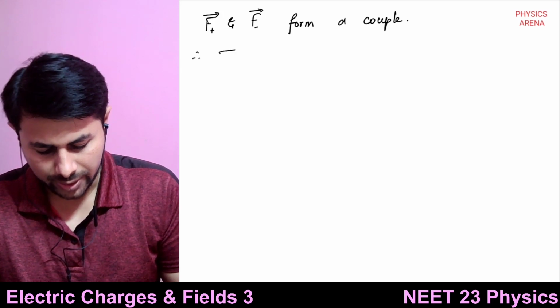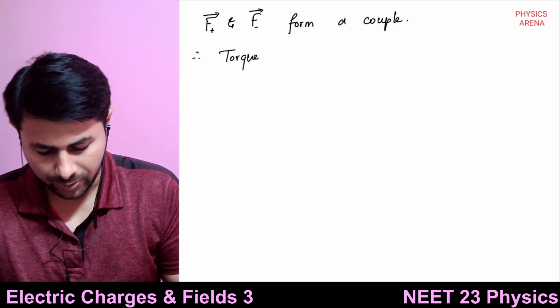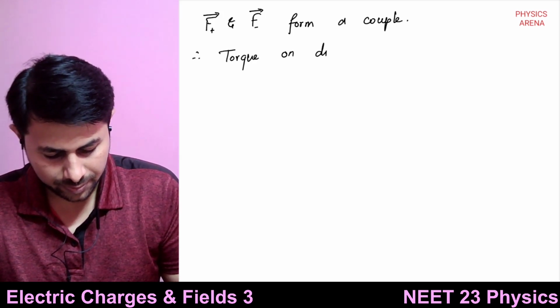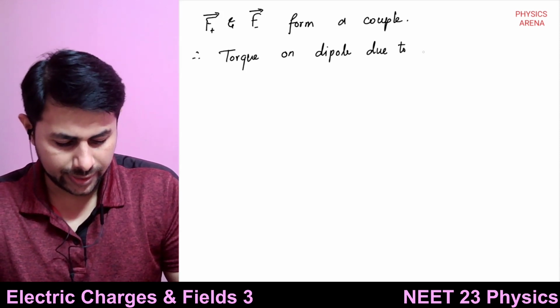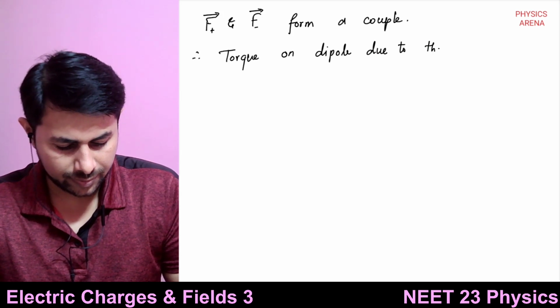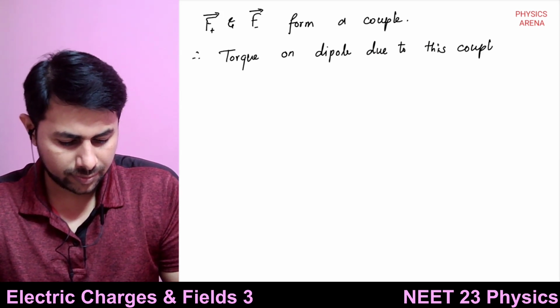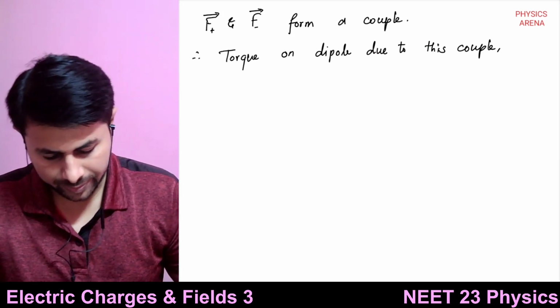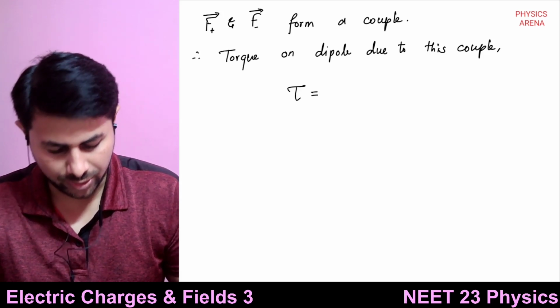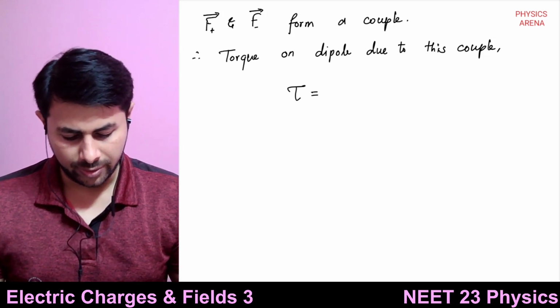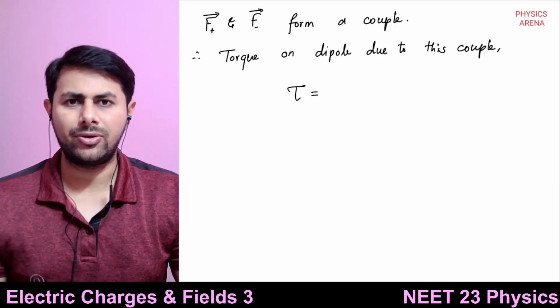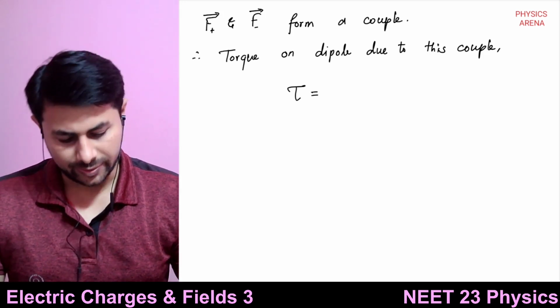So therefore torque on the dipole due to this couple would be equal to what? We know the magnitude of torque is equal to the magnitude of one of the forces multiplied by the perpendicular distance between the two forces.